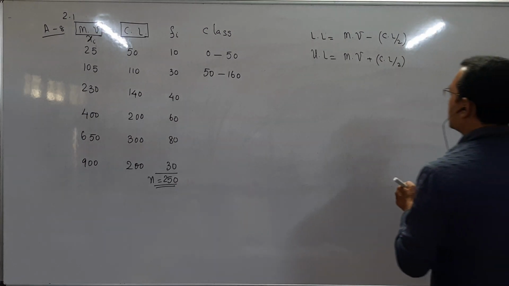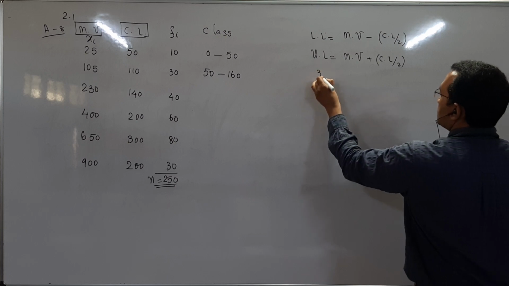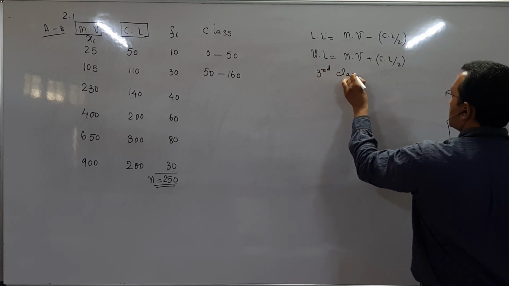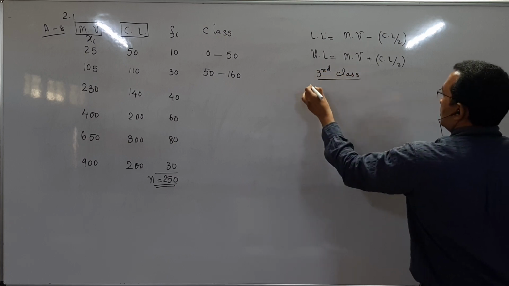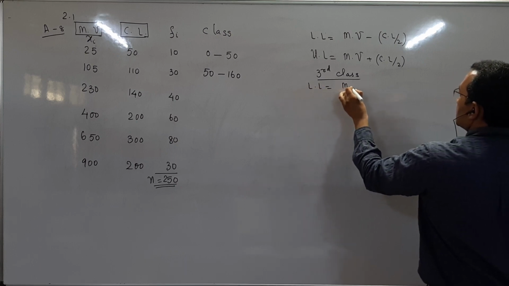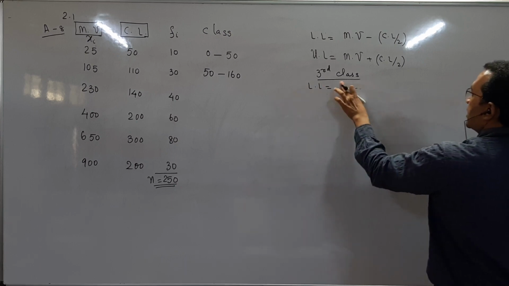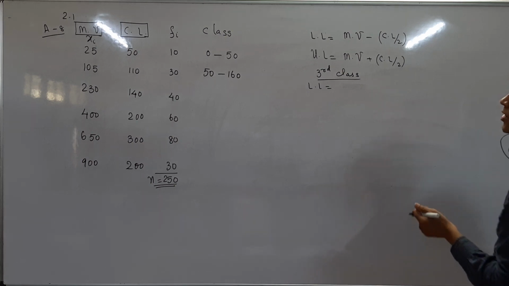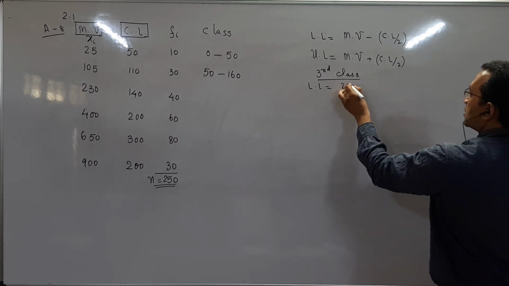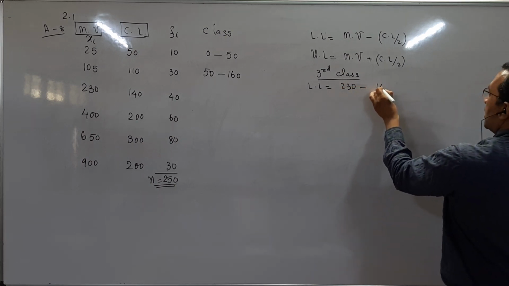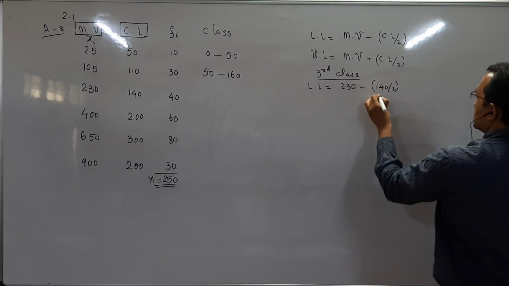Okay, I am showing class number 3. For the third class, lower limit is equal to mid value minus half the class length. So let me directly write. The mid value is 230, minus half the class length.